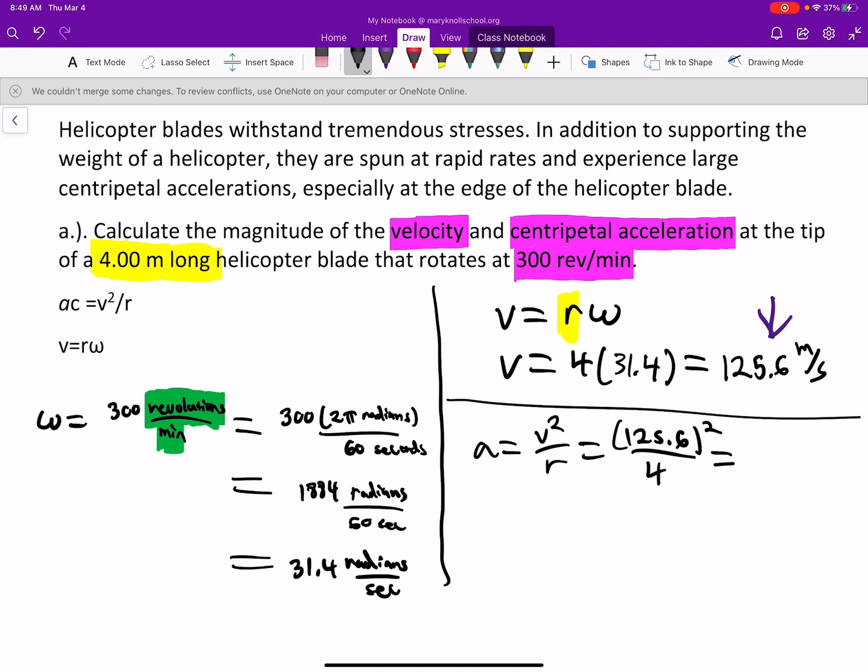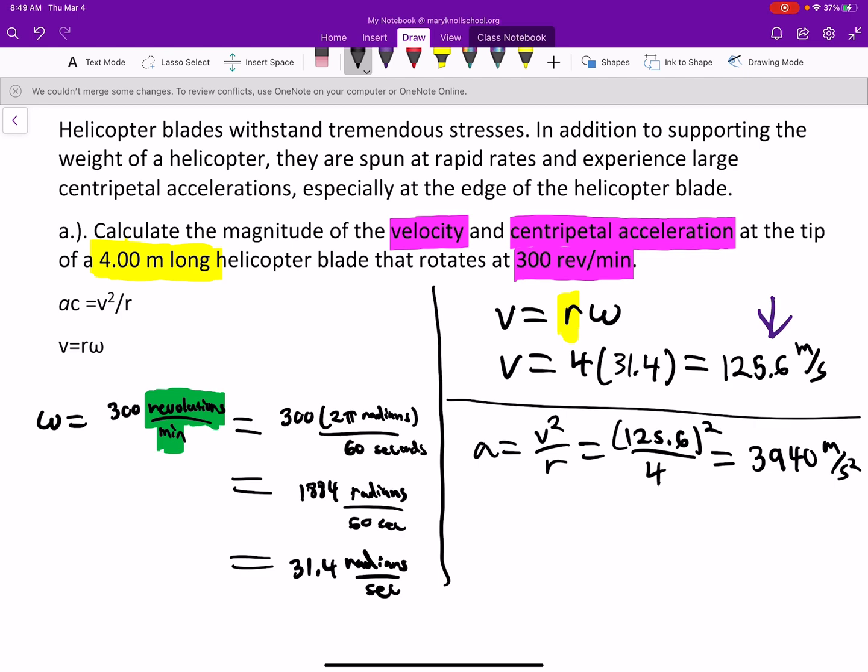All right, I'm gonna sort that out with my calculator. And I get 3,900, about 3,940. And that should be in meters per second squared, because again, everything's in standard units. So what we get out is standard units.